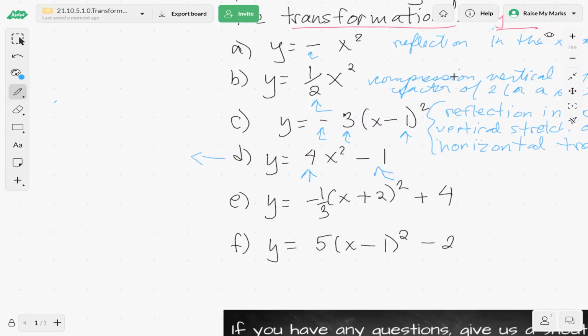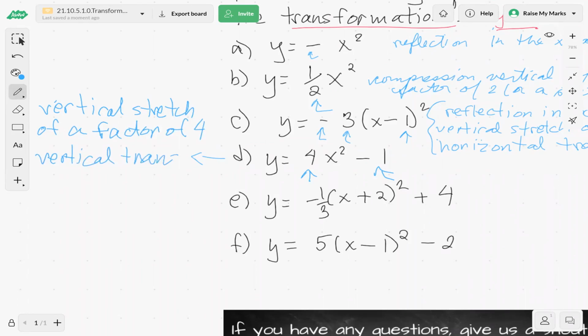So we have a vertical stretch of a factor of 4 and a vertical translation down 1 unit, and it's down because we have a negative.